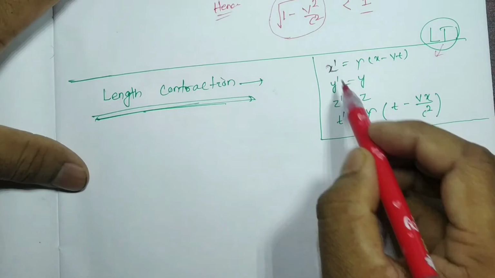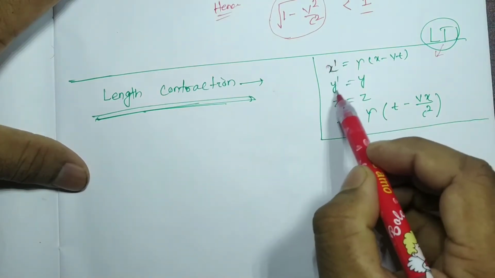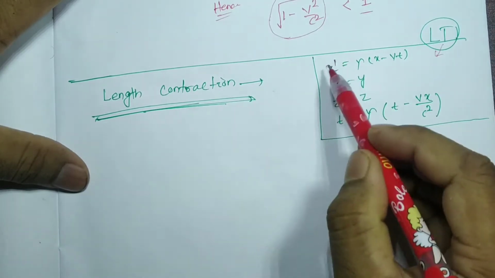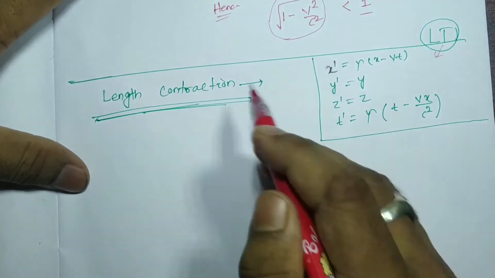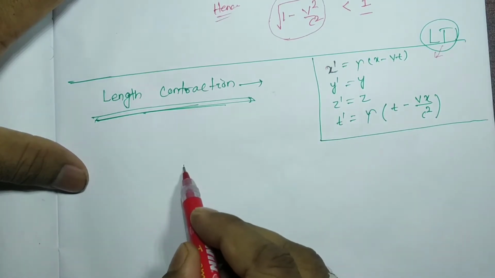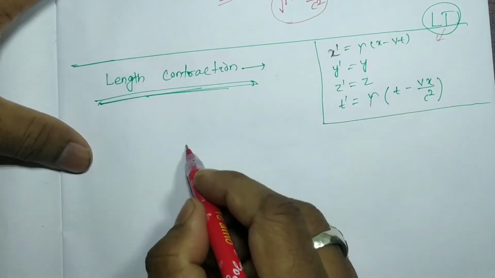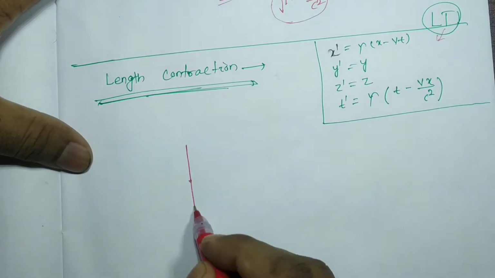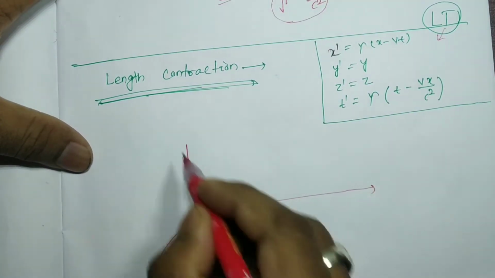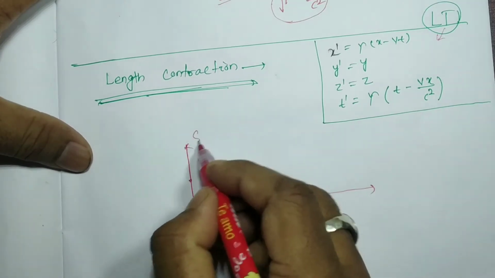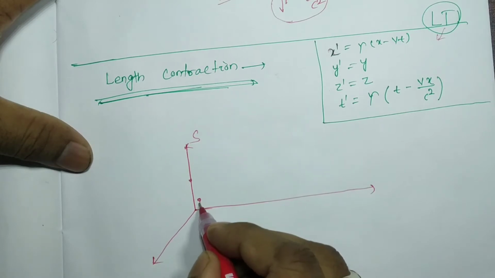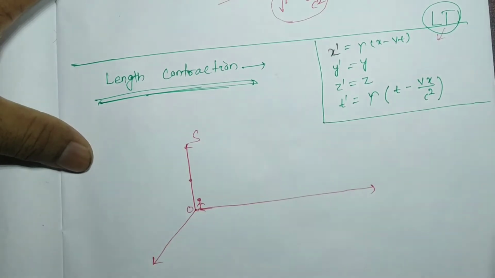See, this x dash, y dash, z dash, t dash are the observations of the observer in another frame, the s dash frame. For that I am going to give one example. Suppose this is one frame, this is your s frame, and the observer is at the origin.